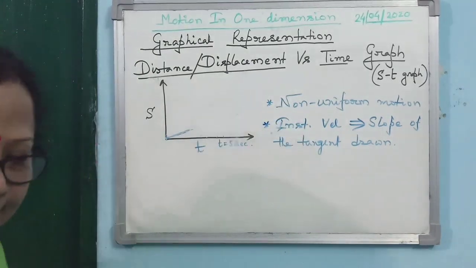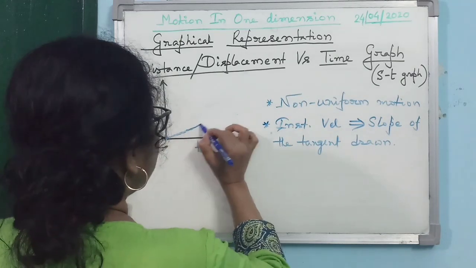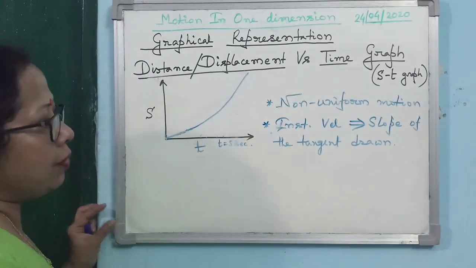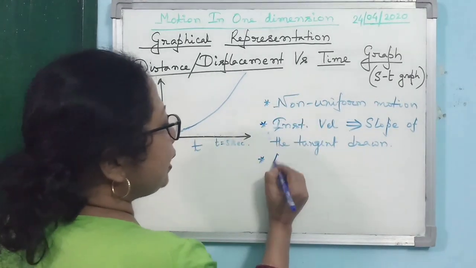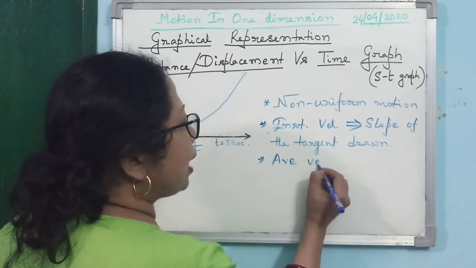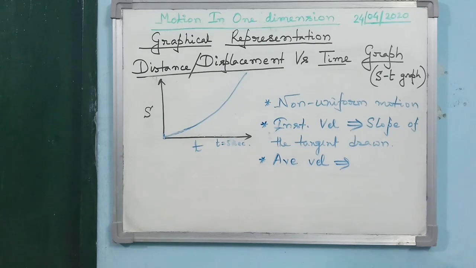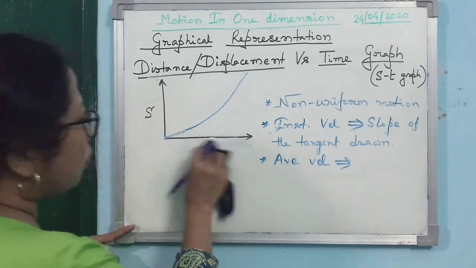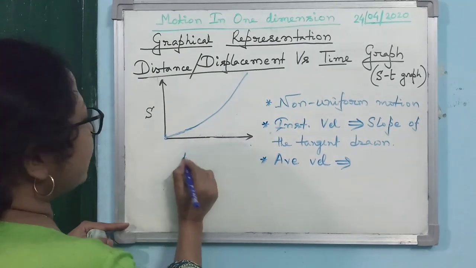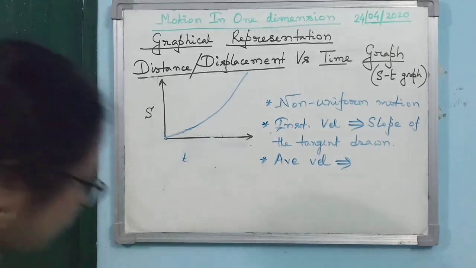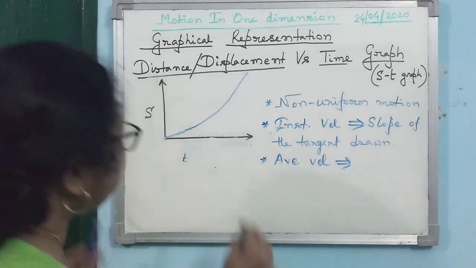You must remember it. And the other point: whenever a body has non-uniform motion, we define another quantity also, average velocity. So how do we find average velocity? Just consider this example. Suppose you want to find the average velocity between 3 seconds and 5 seconds.